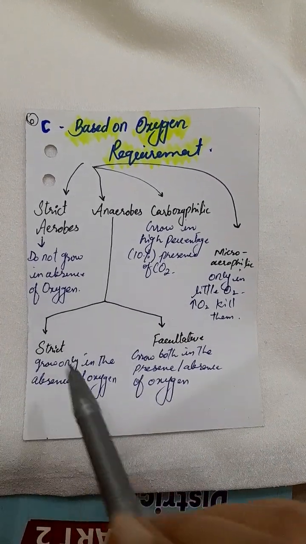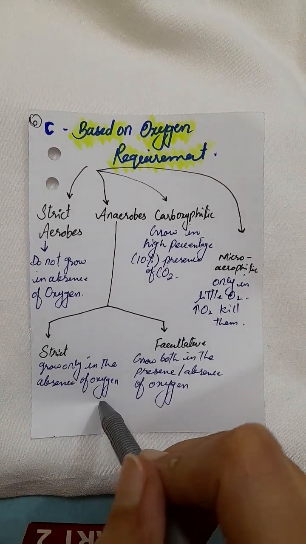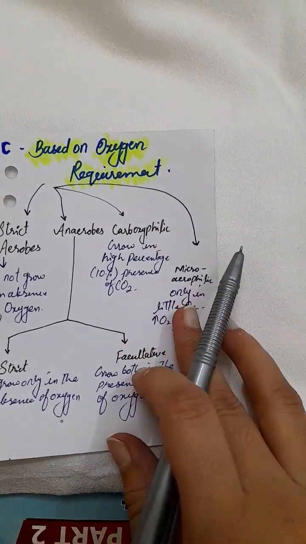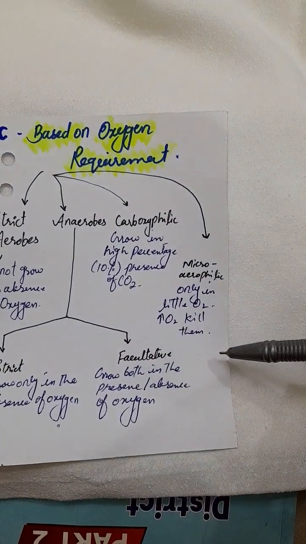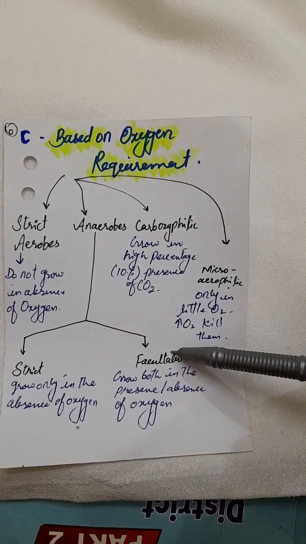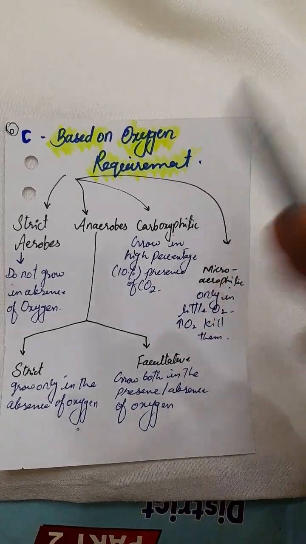Strict anaerobes only grow in the absence of oxygen, while facultative anaerobes grow both in the presence or absence of oxygen. They are not strict, they are flexible, they can grow in the presence or absence of oxygen.